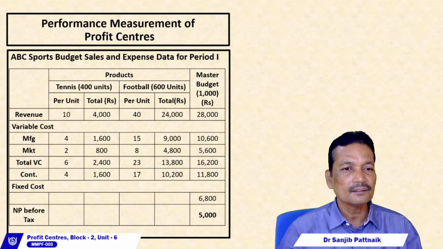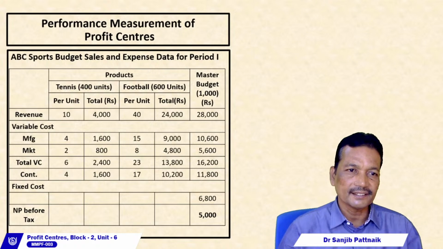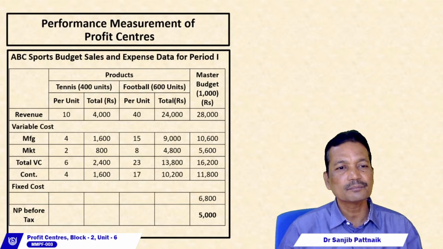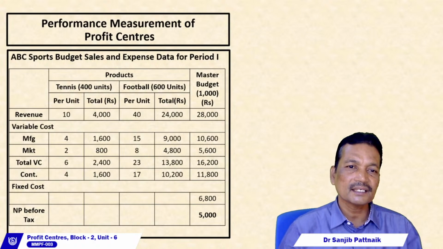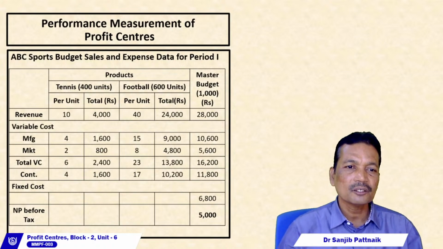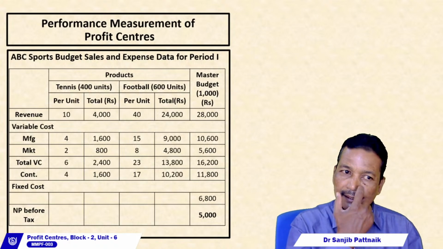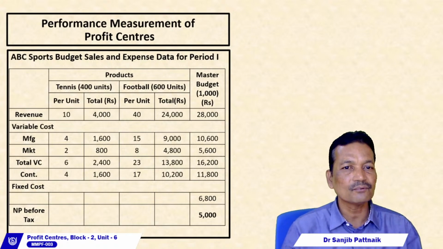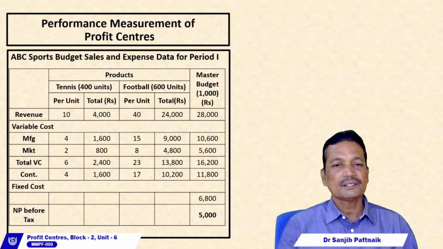For the period 1, it has budgeted that it should produce the tennis balls 400 units and footballs 600 units, and tennis ball per unit can be sold at 10 rupees, football at 40. Thereby tennis ball will generate a revenue of 4,000 and football of 24,000.